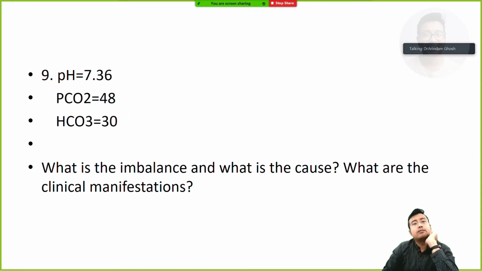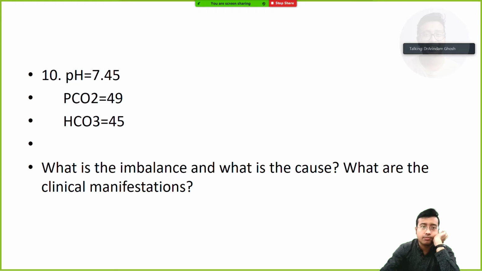Number 9. You need to diagnose first whether the values are within normal range or high or low. That is half the job done. Okay, so last problem, this one.